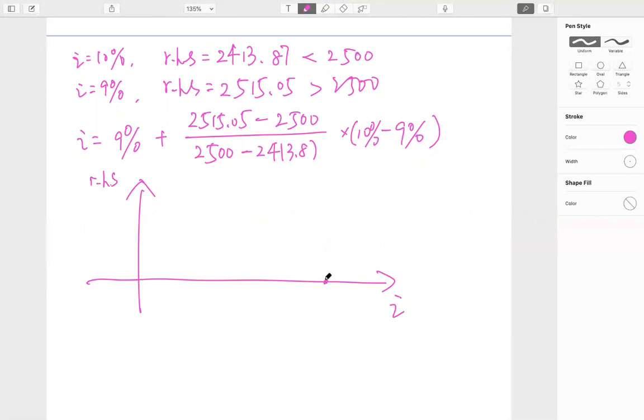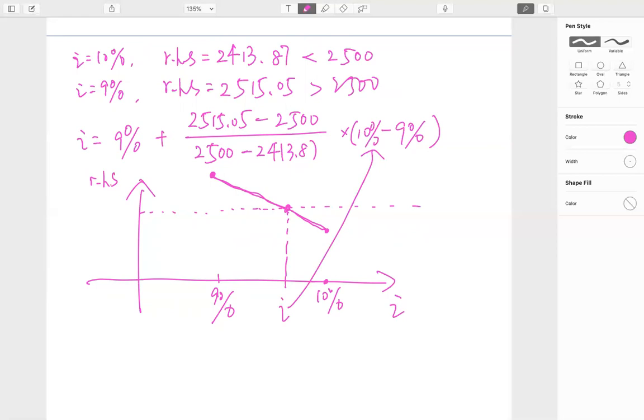When I try 10%, I have a number smaller than what I want. When I put 9%, I get a number bigger than what I want. What I want is here. So we draw a linear line to connect those 2 points. Again, this is a little beyond what you usually need to do. I do not require it; as long as you can identify that it is between 2 values, that should be enough.